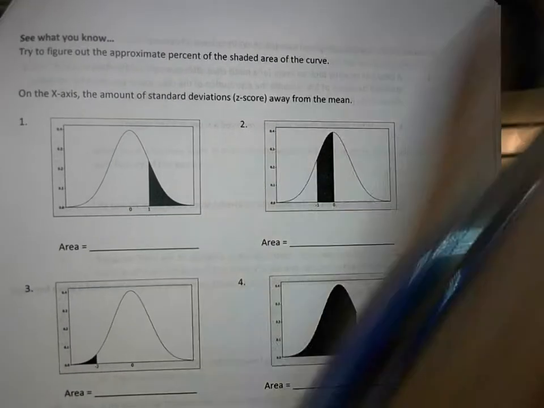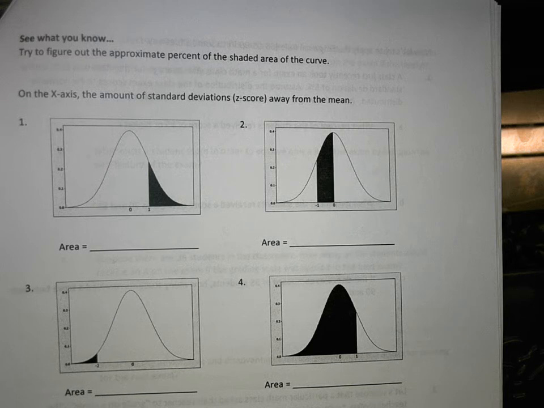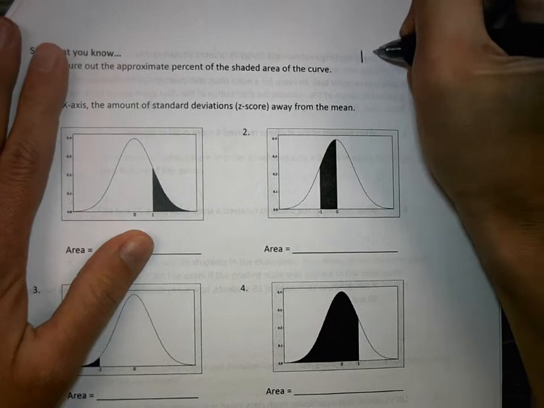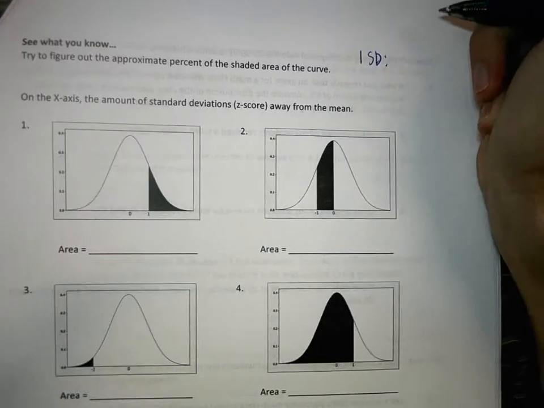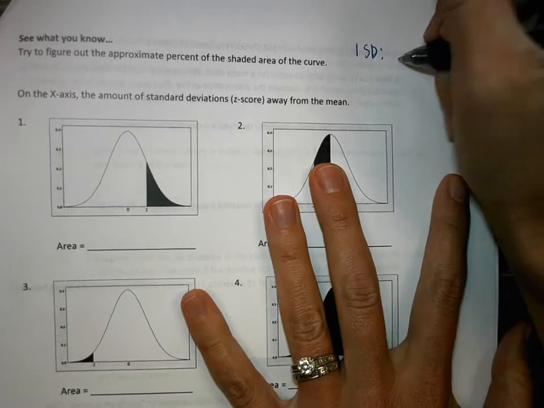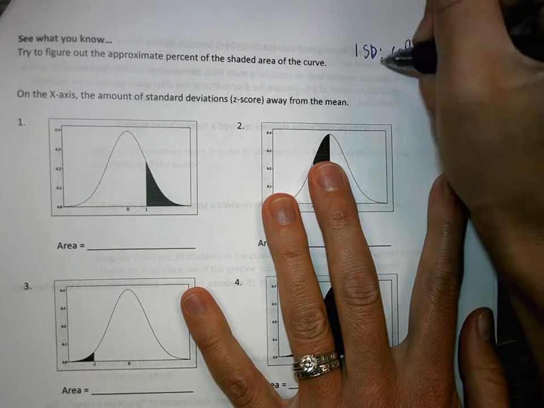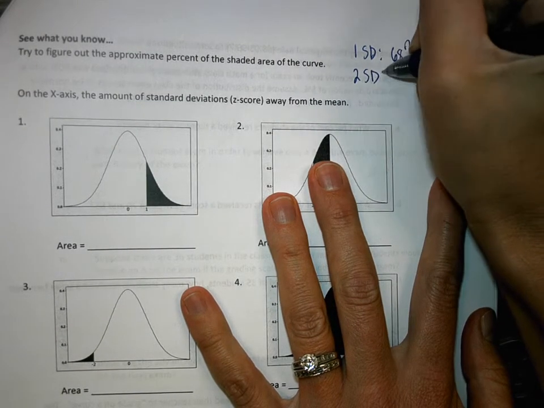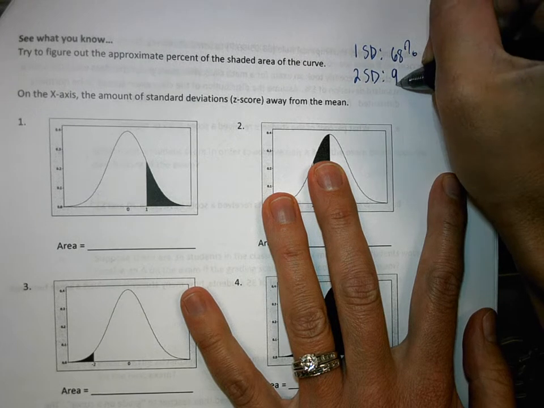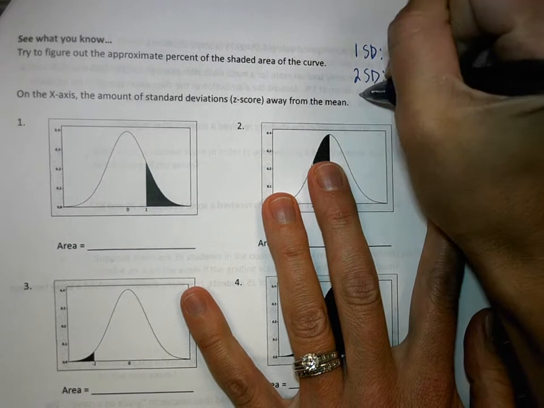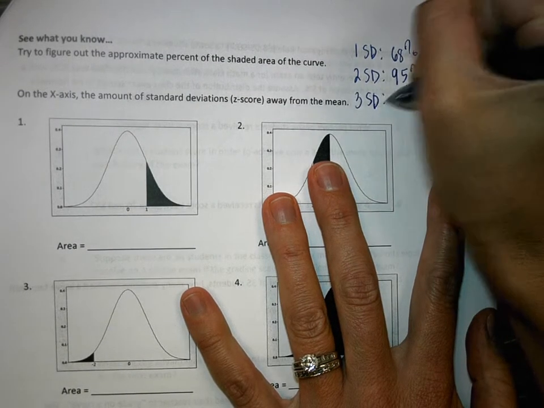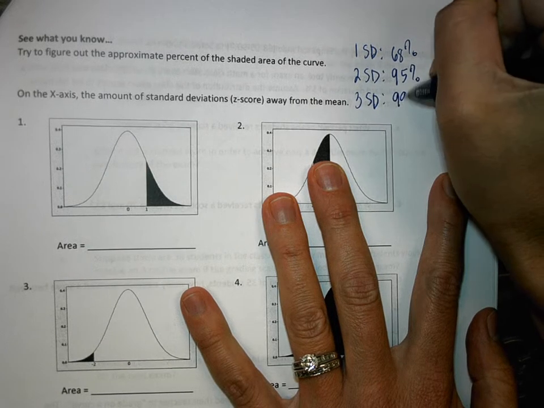So again, I had you write down some important information, and we're going to write it down again because it's going to help us here. So when you have 1 standard deviation, that gave you 68% of the data. 2 standard deviations gave you 95%, and 3 standard deviations gave you 99.7%.